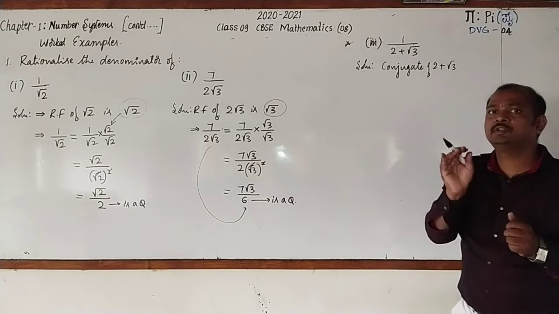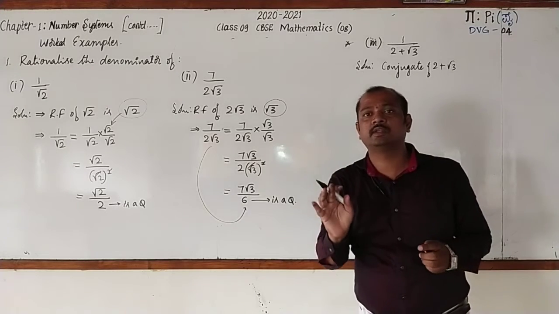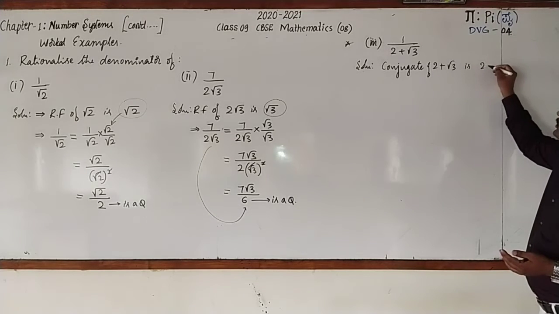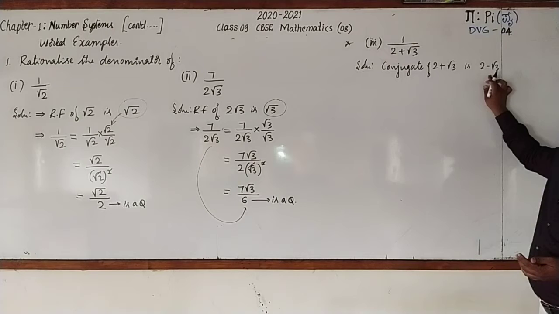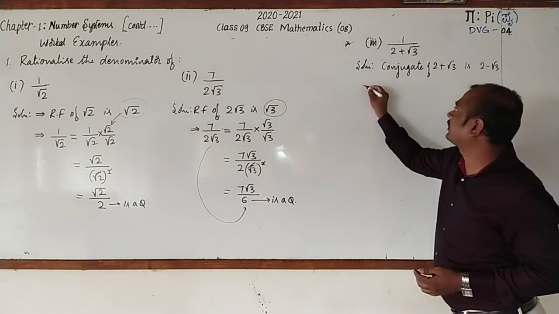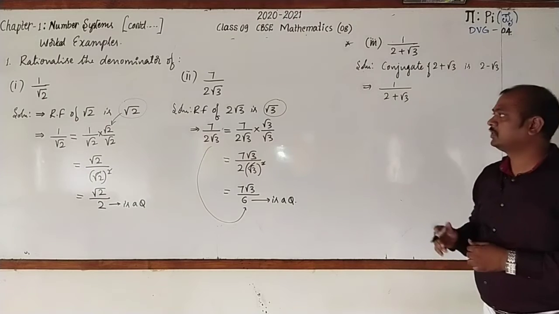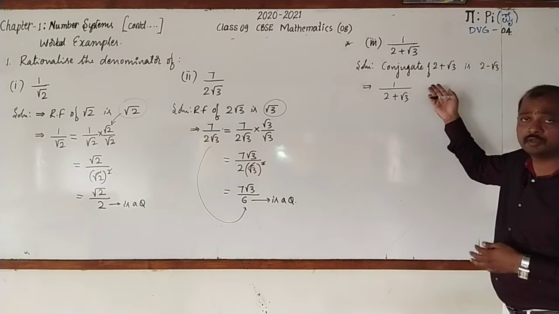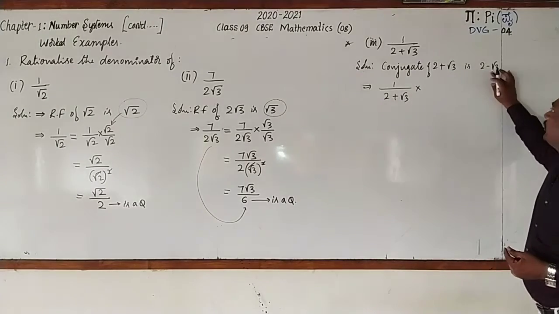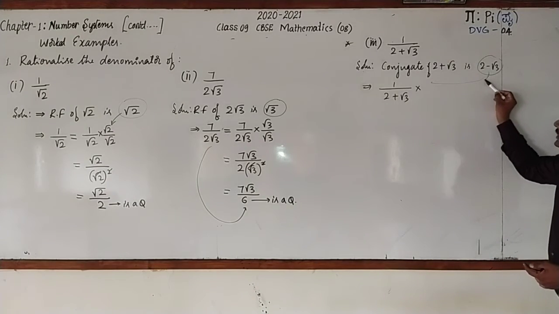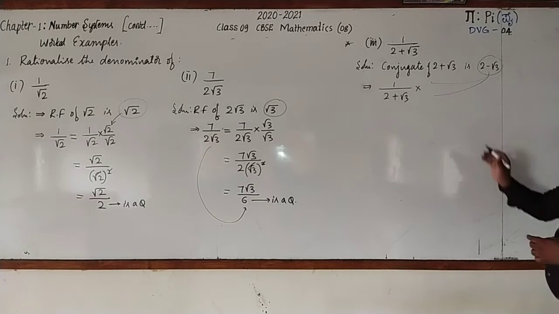As I said, you are going to change the sign only. Here the plus sign is there. You have to write 2 minus root 3. This is RF. Next, here I will write 1 by 2 plus root 3. Again, I don't want to write again and again, so directly I go for multiplying this rationalizing factor to the numerator as well as the denominator.